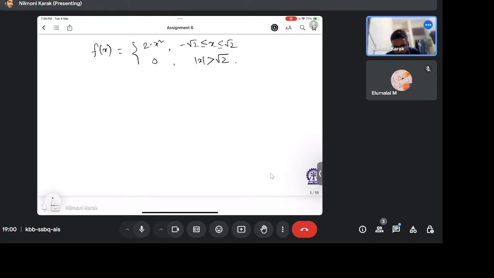The Fourier transform, I can write like this: 1 by root 2 pi, integration from minus infinity to infinity, f(x) times e to the power i alpha x.